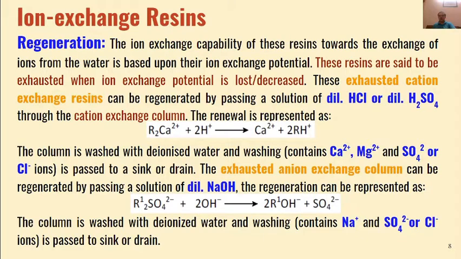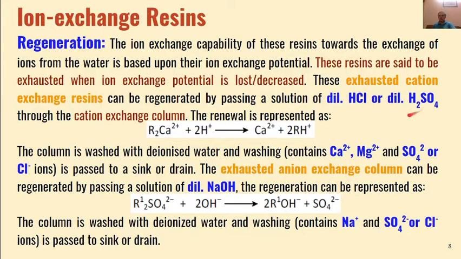Then these exhausted cation exchange resins can be regenerated by passing dilute HCl or dilute sulfuric acid through them. So we know that these calcium ions will be substituted by H ions present in the HCl or H2SO4.